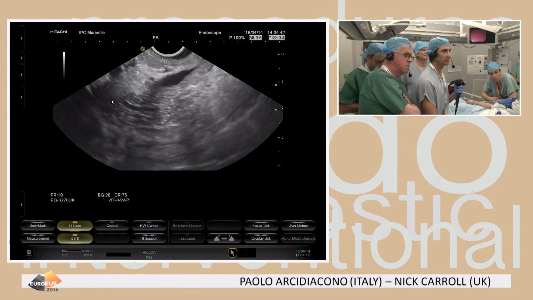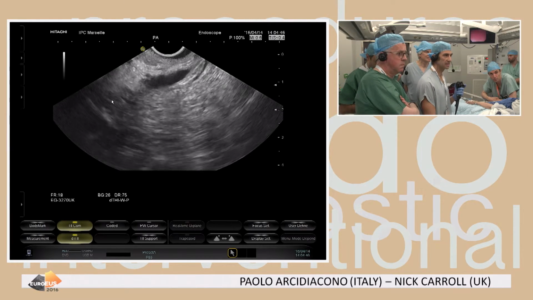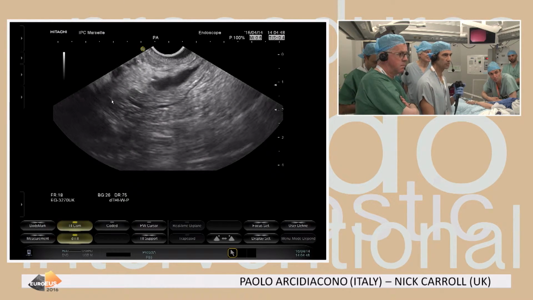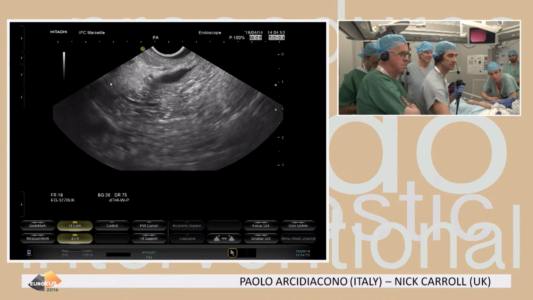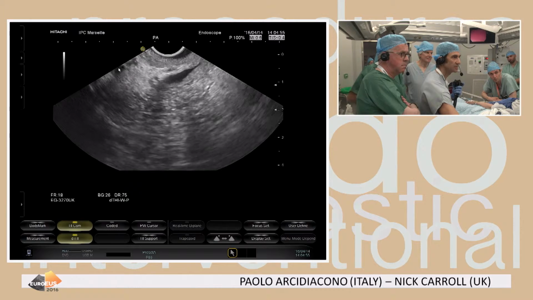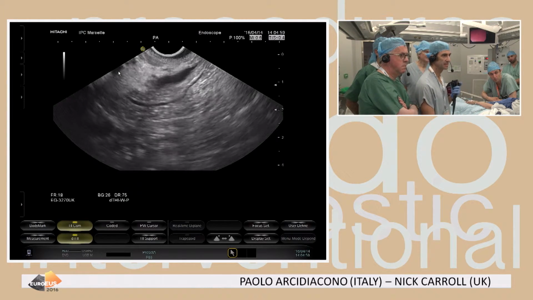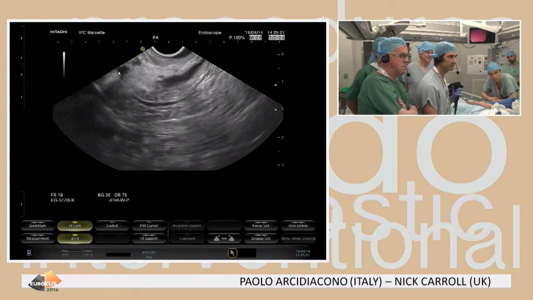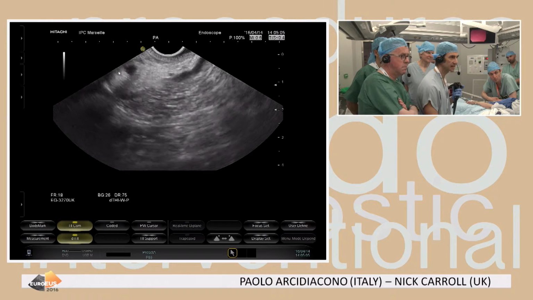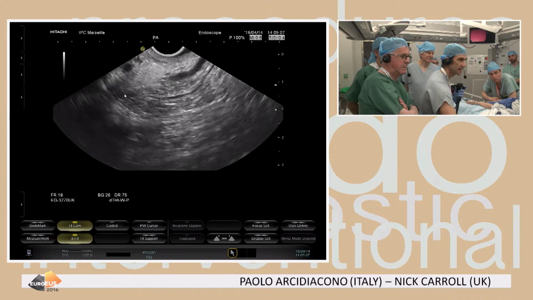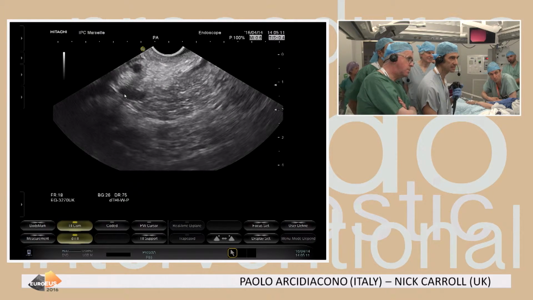I gently pull back the instrument, continuously following the ventral duct, because I want to look at the neck of the pancreas. You see that the gastroduodenal artery is coming here, so I'm approaching the neck of the pancreas. I gently pull back the instrument to follow the ventral duct, and you see that here is a very small, dilated duct.